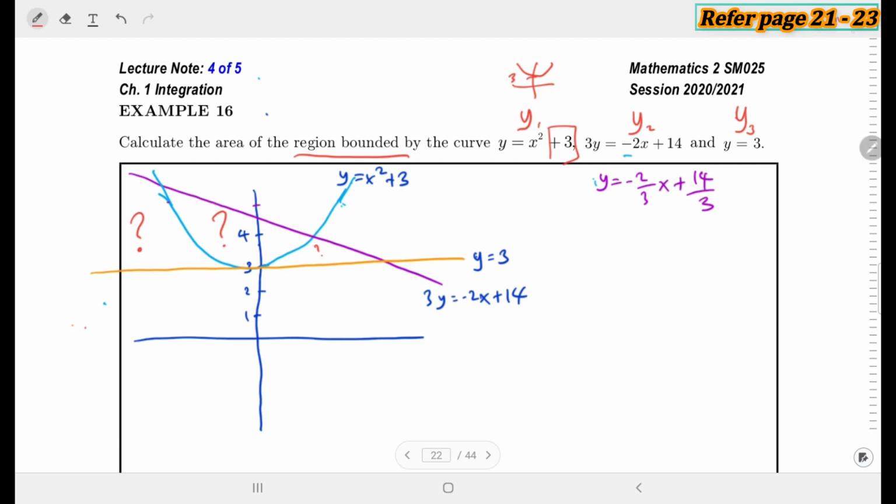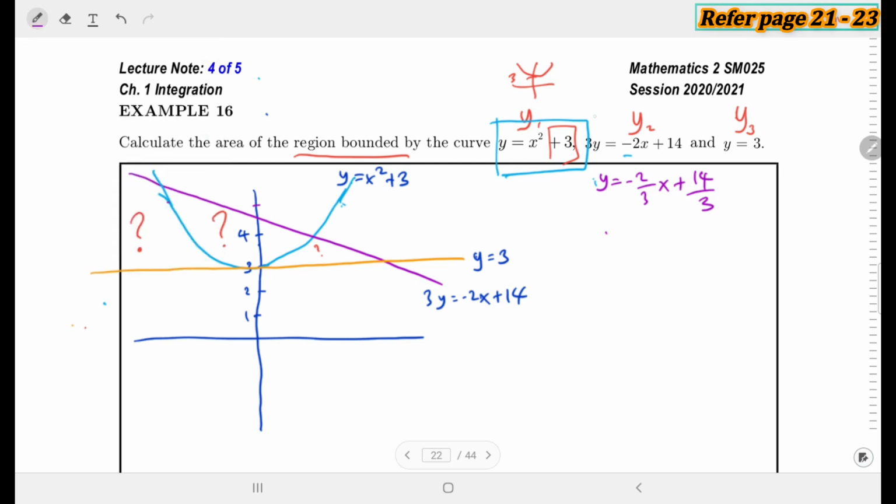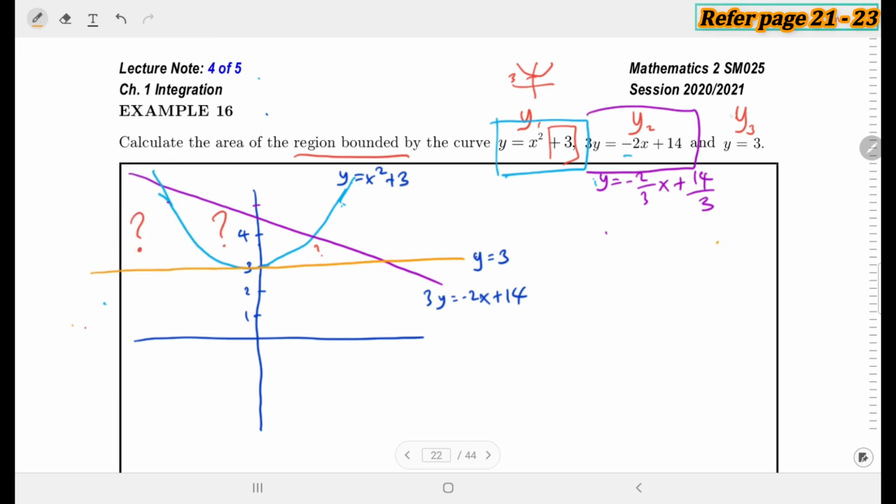The question tells us this region must be bounded by the three functions. So it must be bounded by the blue color, which represents this function, and also by the purple color, and also by the orange color, by these three colors.